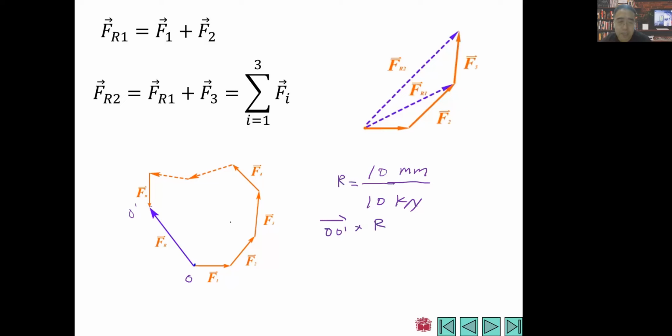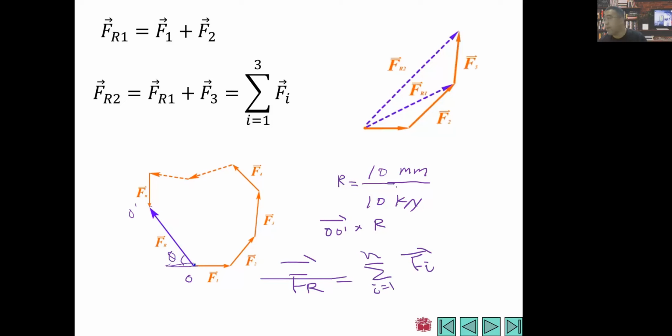That means we can use this kind of geometrical method to find its resultant force FR, its magnitude and its direction. You can have its angle here, its direction, and this is its magnitude. Can you guys understand this? This is the so-called geometrical method. It equals the sum from i equals 1 to n of all the Fi, a vector sum. So this is the geometrical method.